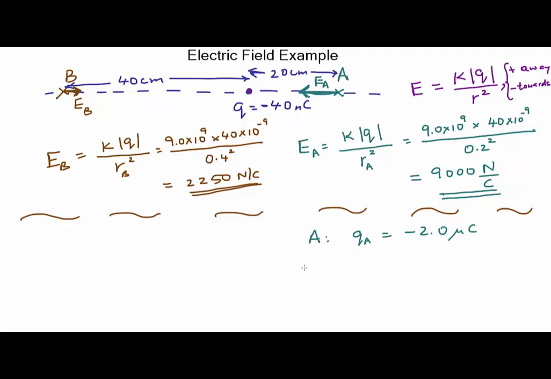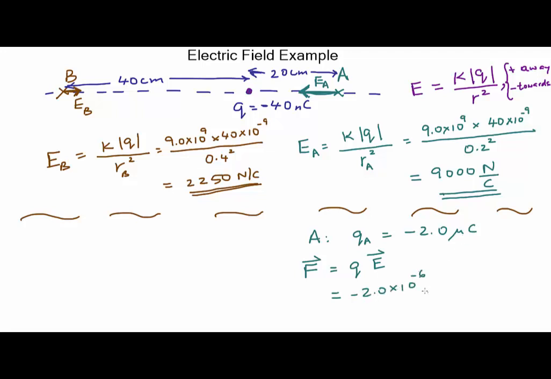So in this case, the equation I need is this: force on a charge equals the charge itself times the electric field. Here I want to use the sign of the charge. That'll give me the relationship between the direction of the force and the electric field. So when I do that over here, I've got minus 2.0 times 10 to the negative 6.